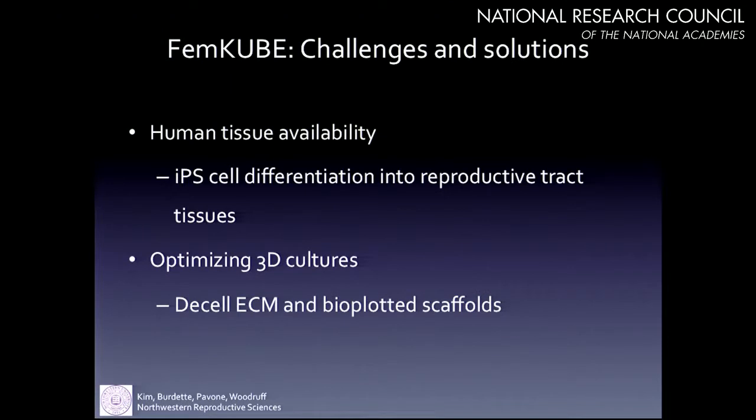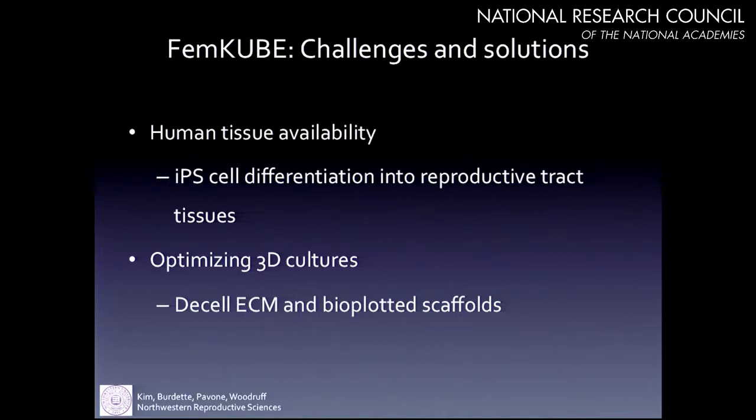And so I'm just going to finish here with two specific challenges. I'm sure there are more, but we can talk about two particularly. It's the human tissue availability. Unless you have a system that we have at Northwestern where we have a collaboration of doctors, nurses, research coordinators, so many people involved to allow us to get that tissue from the OR, then it's going to be very difficult to study these systems.